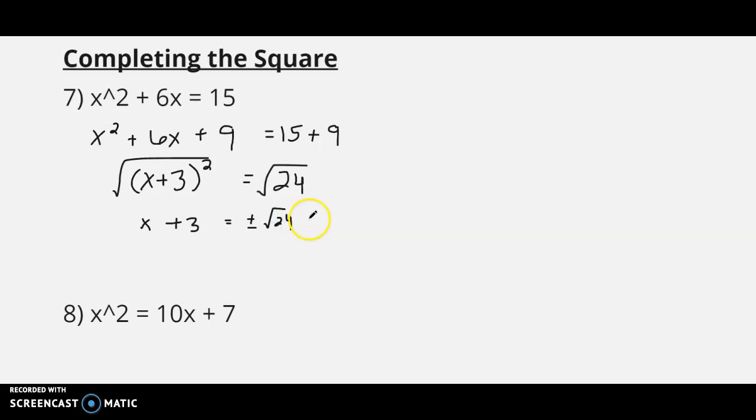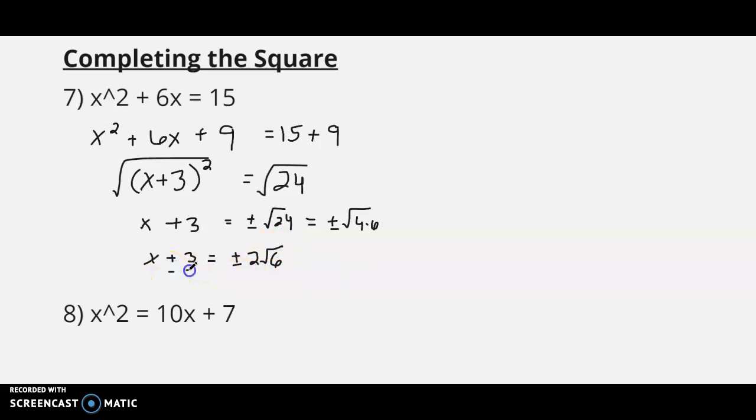Now I can break 24 down a little bit: plus or minus the square root of 4 times 6. I can take the square root of 4 but not 6, so here let me write everything again, simplified down. Plus or minus 2 square root of 6. And then I still have one more step to do to solve this.